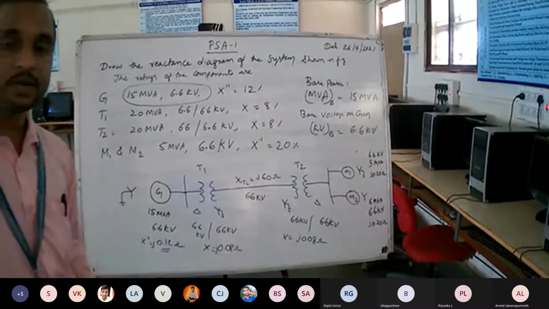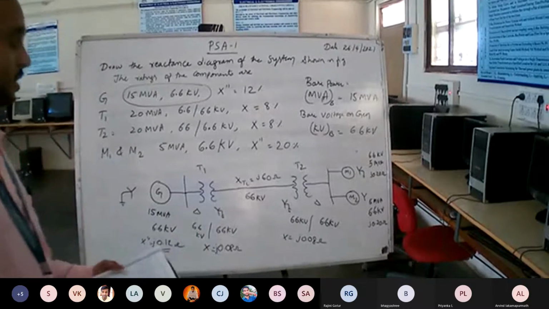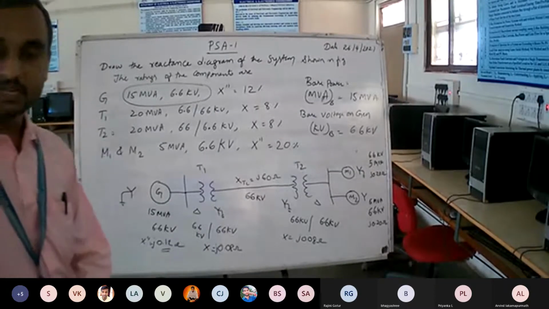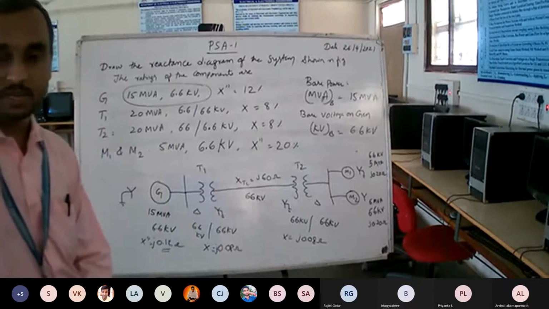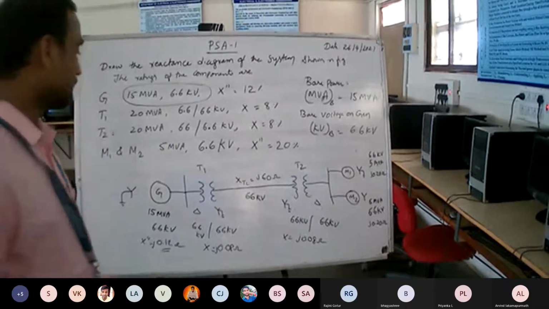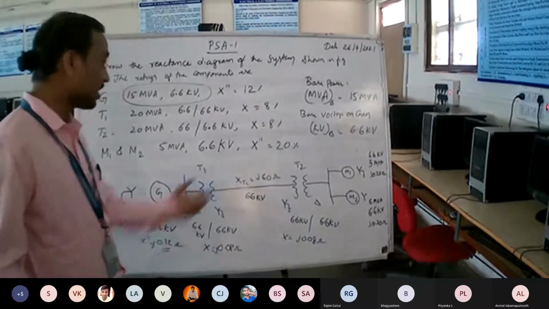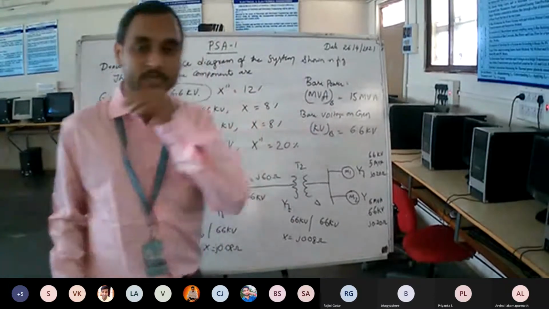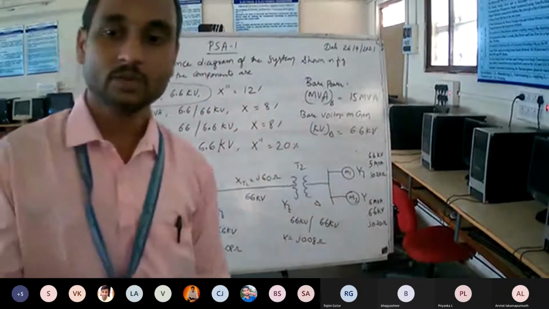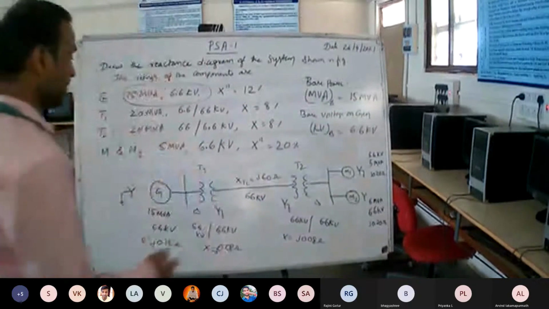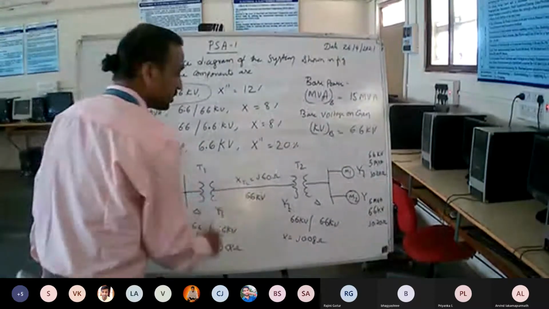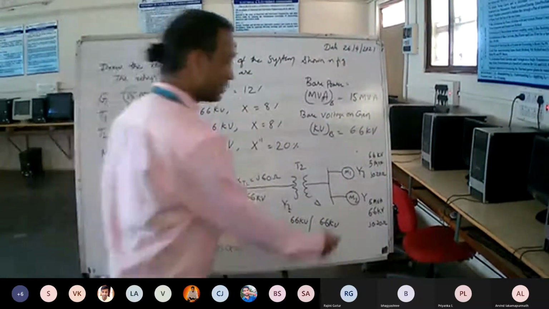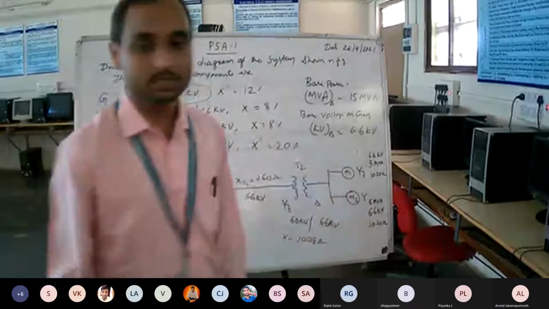We need to calculate the base voltage on the transmission line and the base voltage on the motor side. For the generator side we have chosen the base power and base voltage, 15 MVA and 6.6 kV. Now we need to calculate the base voltage on the transmission line and on the motor side.